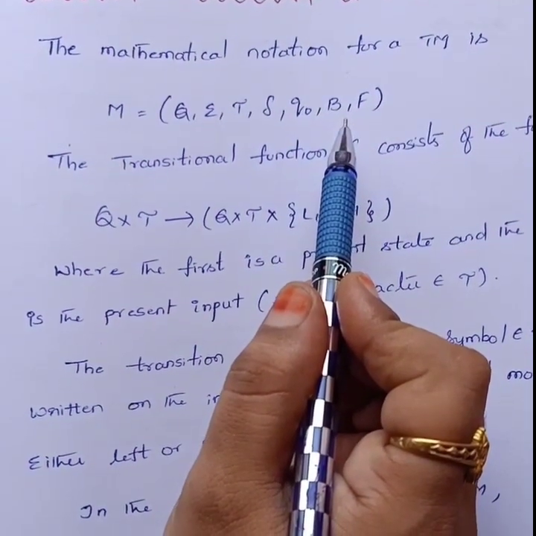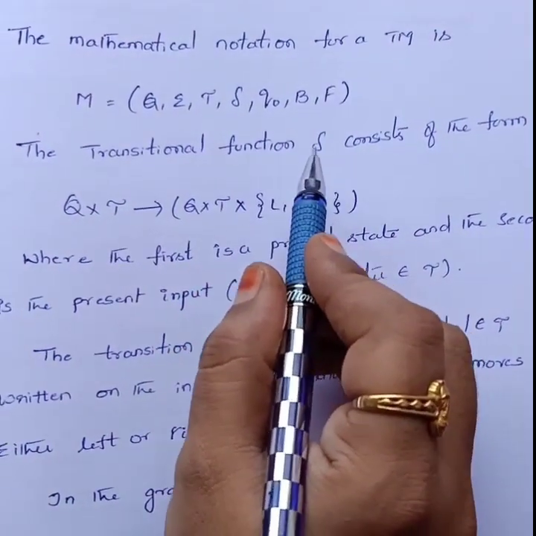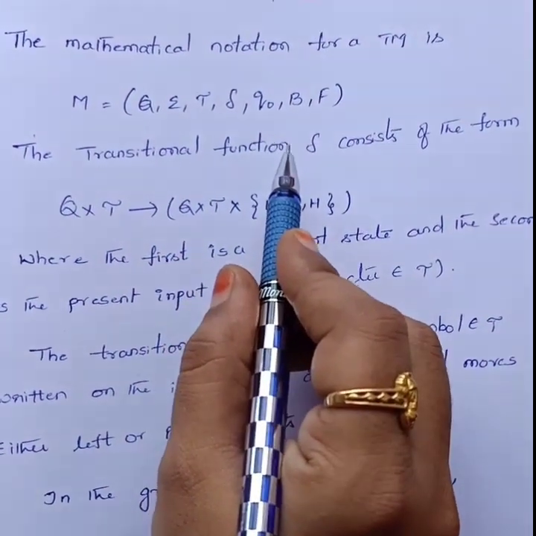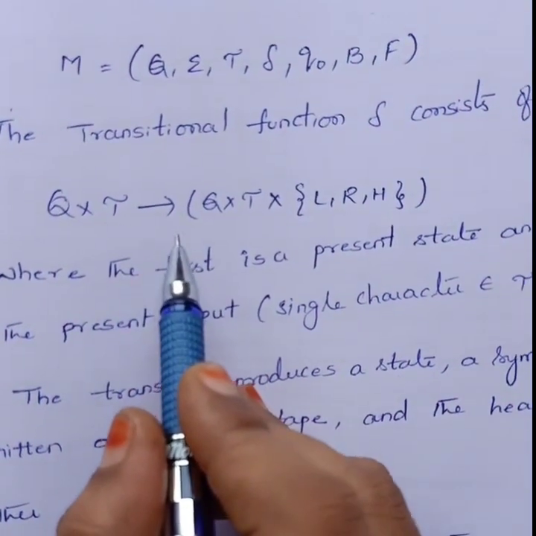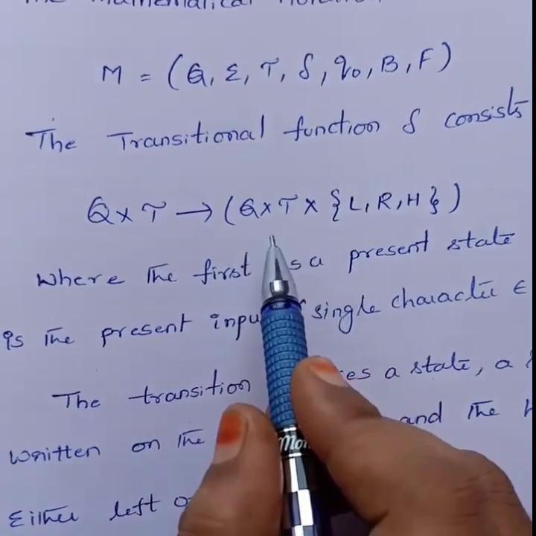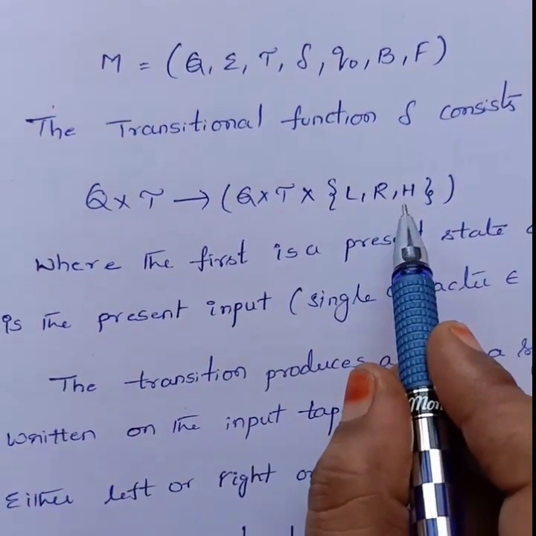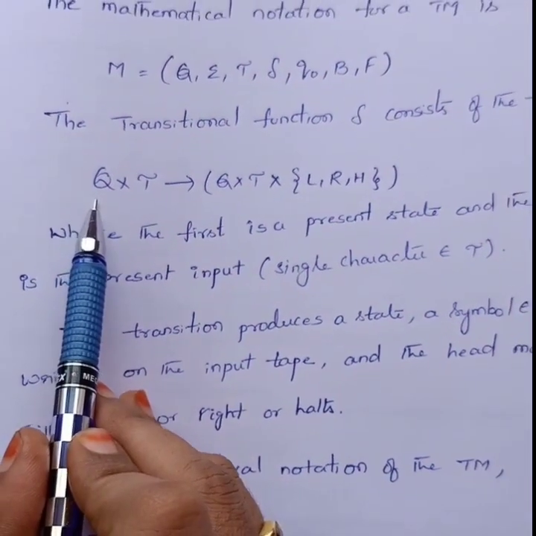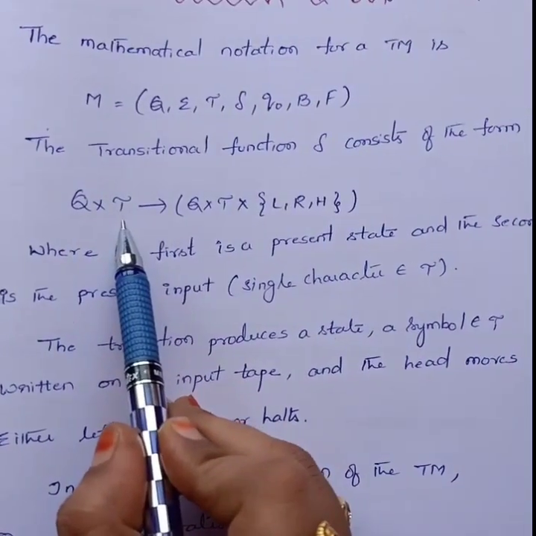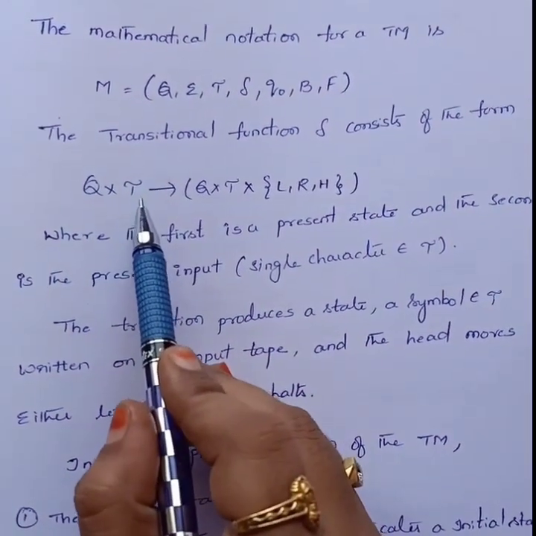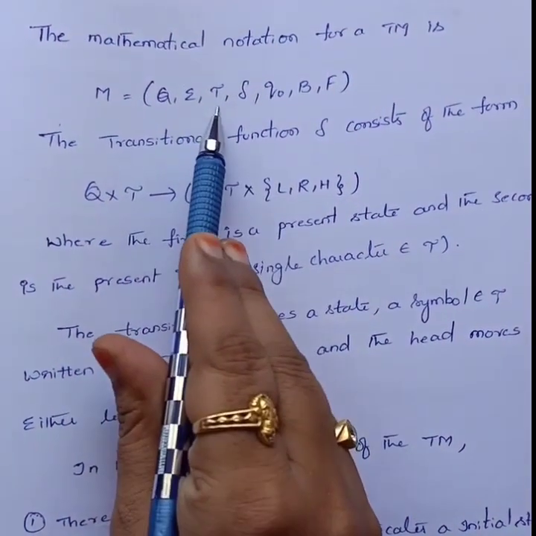We already discussed this in the previous classes. The transition function delta is of the form Q cross Gamma, which produces Q cross Gamma cross L or R or H. Here the first is the present state and the second is the present input, a single character which belongs to Gamma.